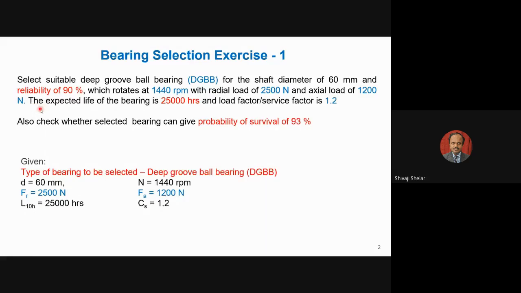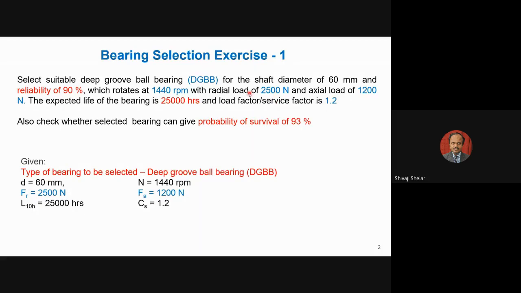So the force data is given here. The forces acting on the bearing are given. Then they also mention the expected life of the bearing is 25,000 hours. The expected rated life or minimum life should be around 25,000 hours. And the load factor or service factor is 1.2. Sometimes they will give the external load factor or external service factor, so that external load factor is 1.2.